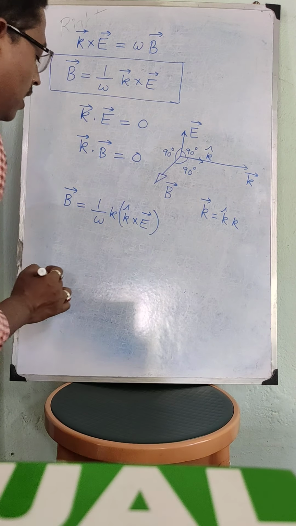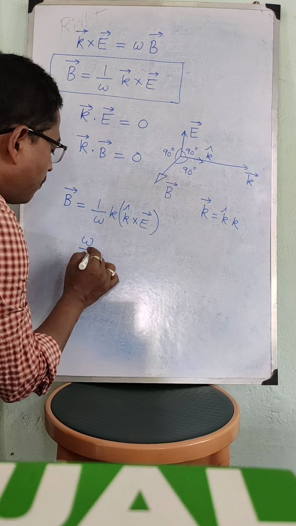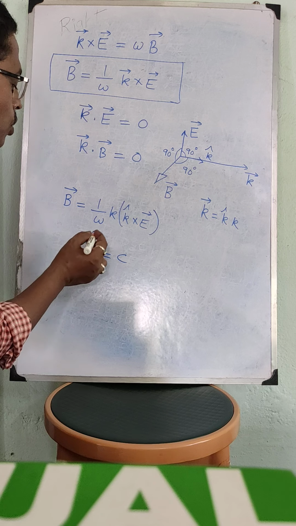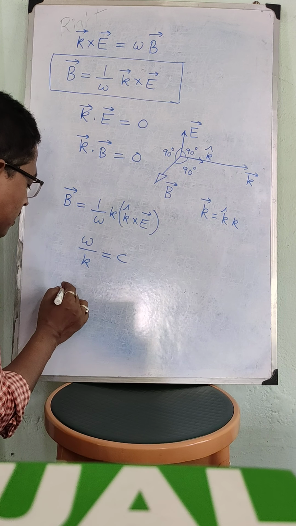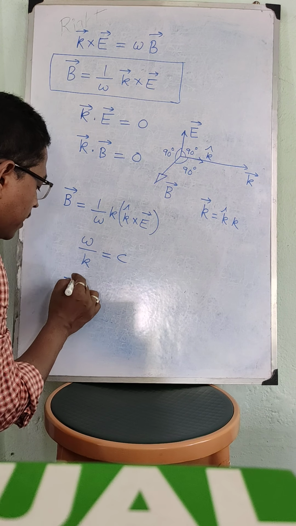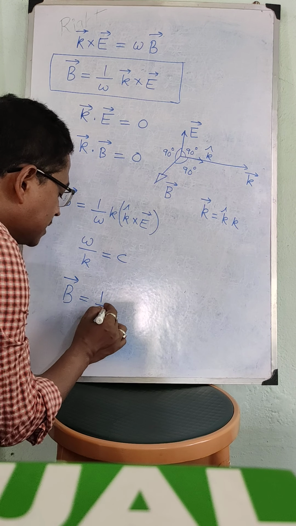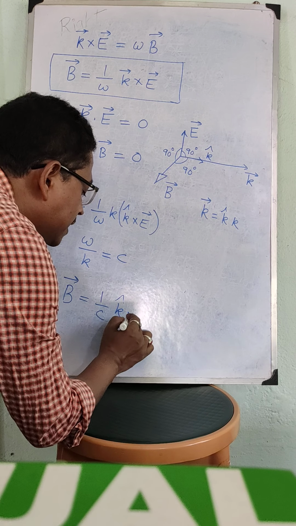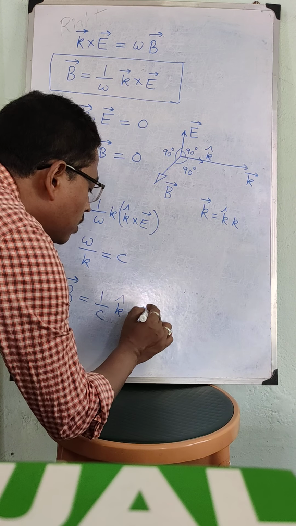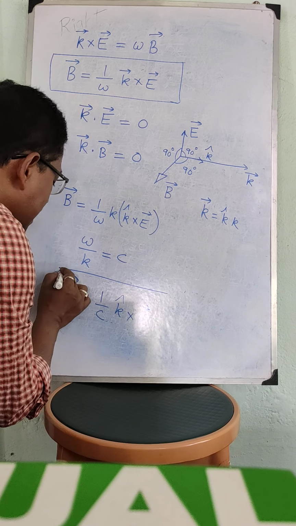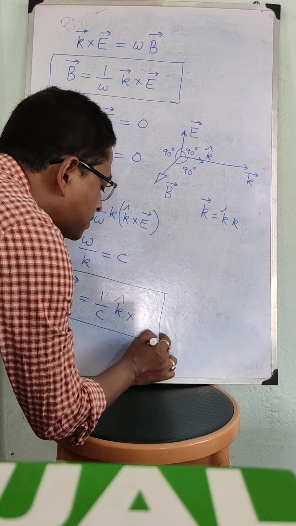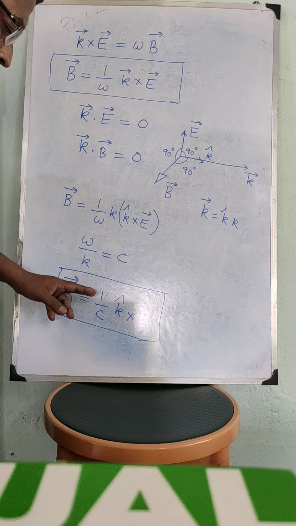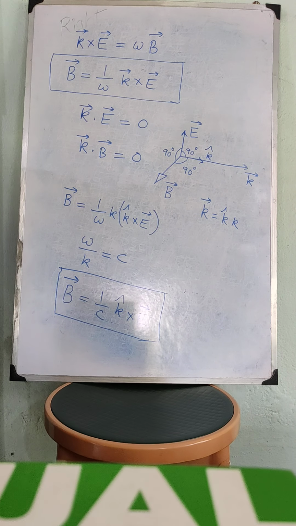Now, we know that omega by k is the velocity of the wave, that is c. So k by omega is 1 by c. Therefore, B is equal to 1 by c k cap cross e. So this is another relation expressed in terms of the velocity of the electromagnetic wave.